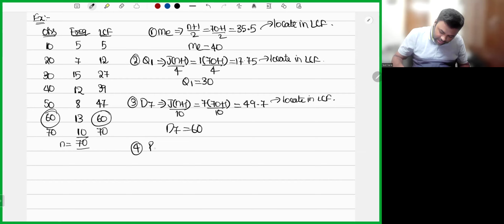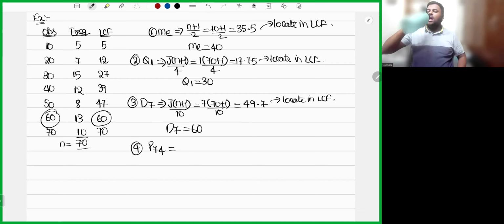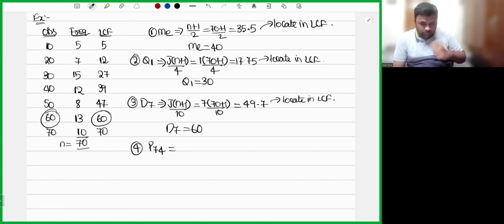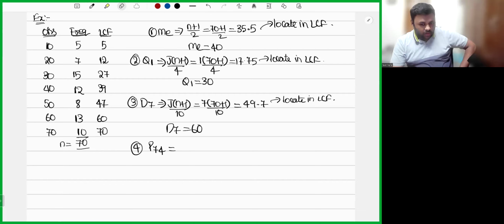Solve this percentile 74 and tell me. I'll wait for 1 minute. Percentile 74. Perfect.